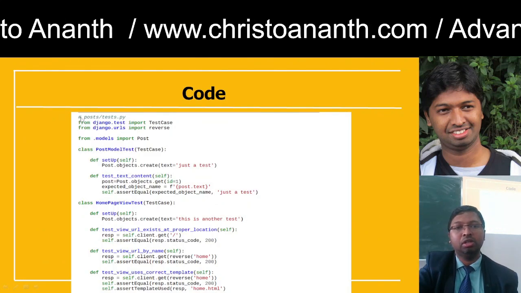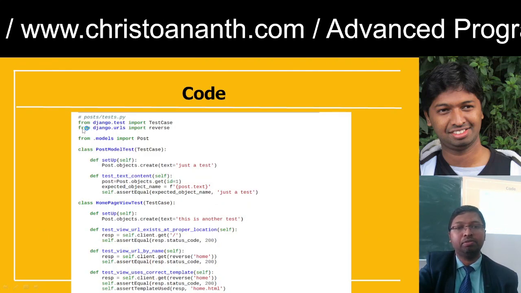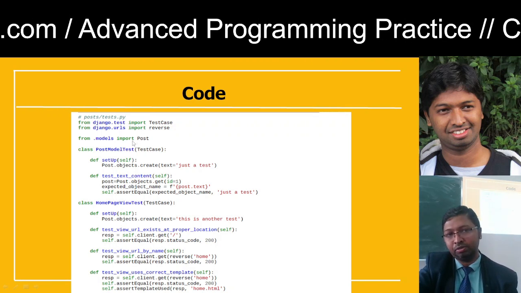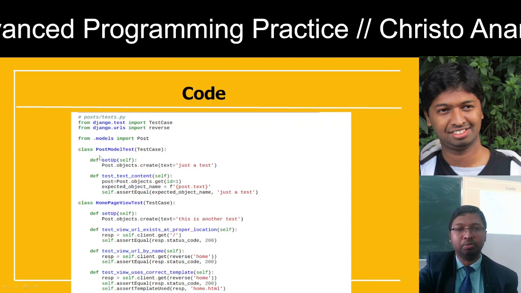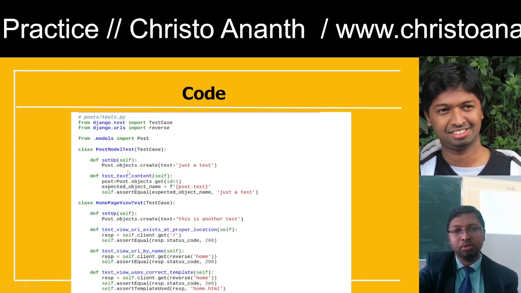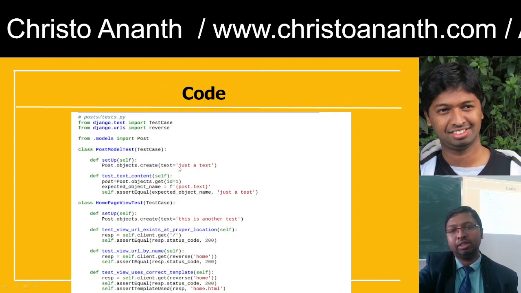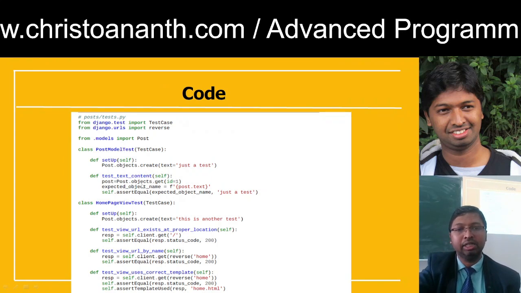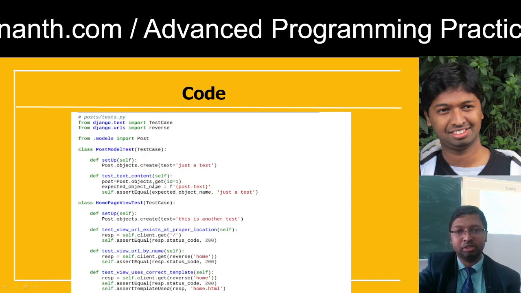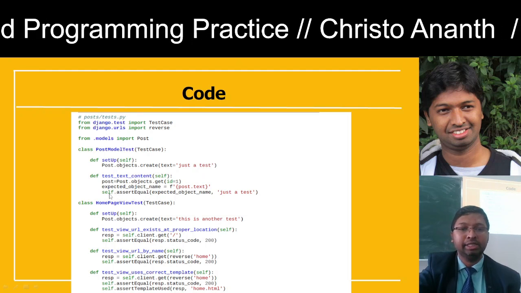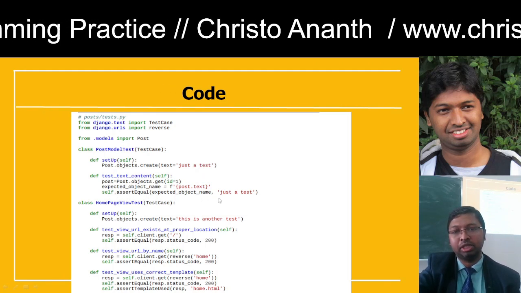So this is the code: post/tests.py, from django.test import TestCase, from django.urls import reverse, from .models import Post, class PostModelTest, you will have defined the setUp, Post.objects.create, you will have the text just a test, and then define test_text_content, post equal to Post.objects.get, id equal to 1, and expected object name is equal to f, and self.assertEqual expected object name, just a test.